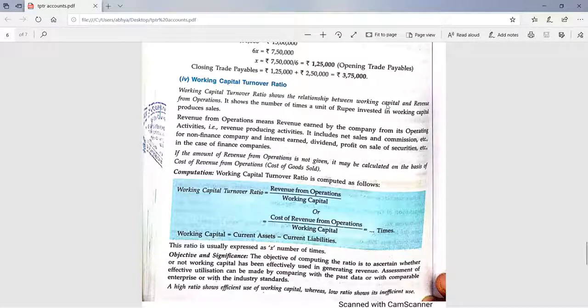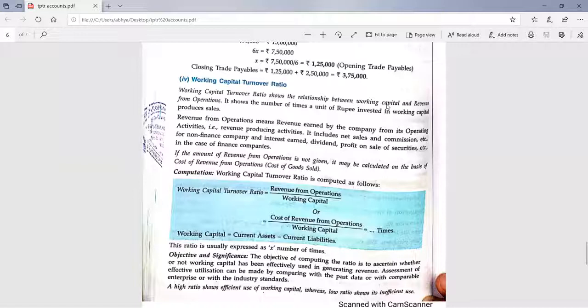If no information is given in the question about RFO, then we can also use cost of RFO upon working capital. But make sure cost of RFO will be used only when we are not able to find out RFO.